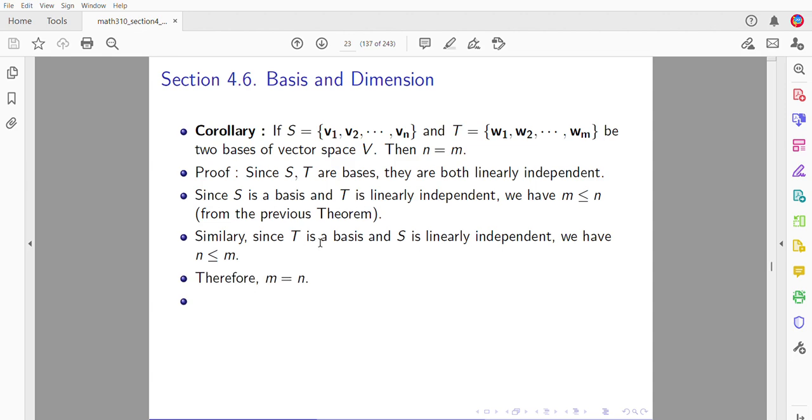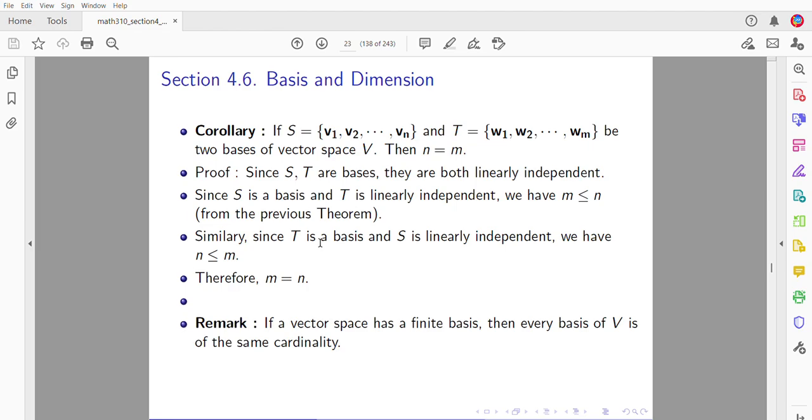What's the remark here? If a vector space has a finite basis, then every basis of V is of the same cardinality. What does the word cardinality mean? It means the number of elements in the set. So the number of things in your set has to be the same. If you have two different bases, then they should have the same number of vectors, or same cardinality.